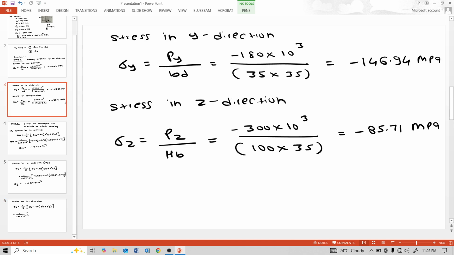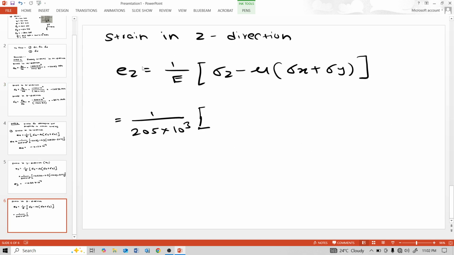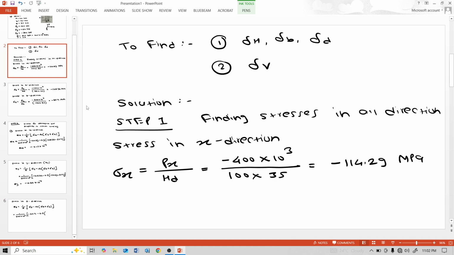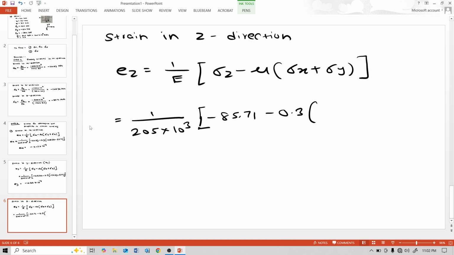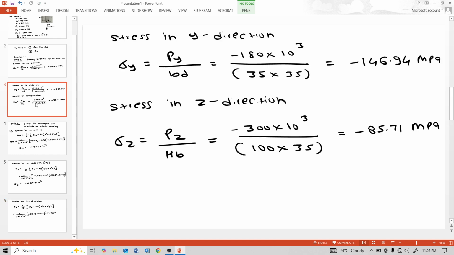Stress in z direction is minus 85.71, minus Poisson's ratio 0.3, stress in x direction minus 114.29 and stress in y direction minus 146.94.